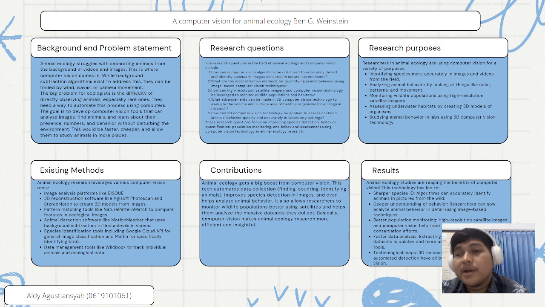Monitoring wildlife populations using high-resolution satellite imagery. 4. Assessing underwater habitats by creating 3D models of organisms. 5. Studying animal behavior in the lab using 3D computer vision technology. Those are the research purposes from this paper.